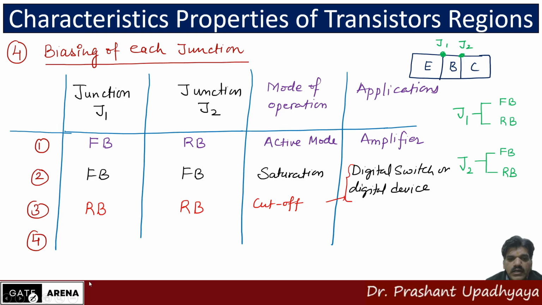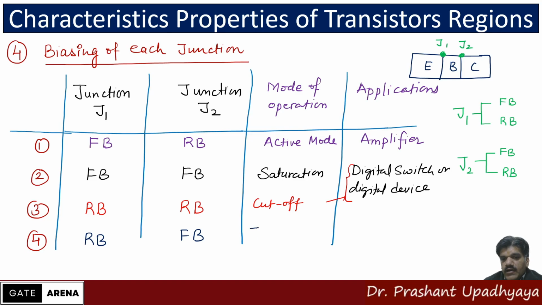And finally, we have the last combination of junctions: J1 is reverse biased and J2 is forward biased. So we have done forward-reverse, forward-forward, reverse-reverse, and then reverse-forward. Here we have inverted the mode, so we have reversed the active mode.